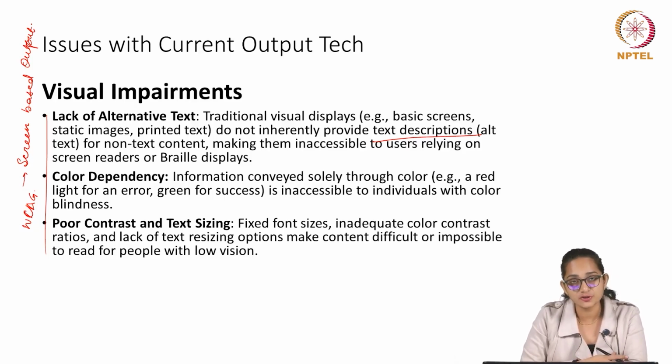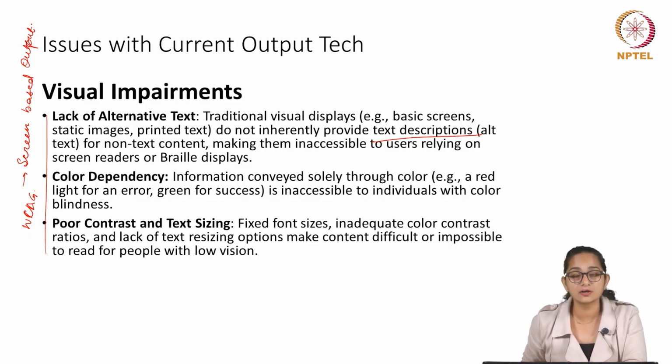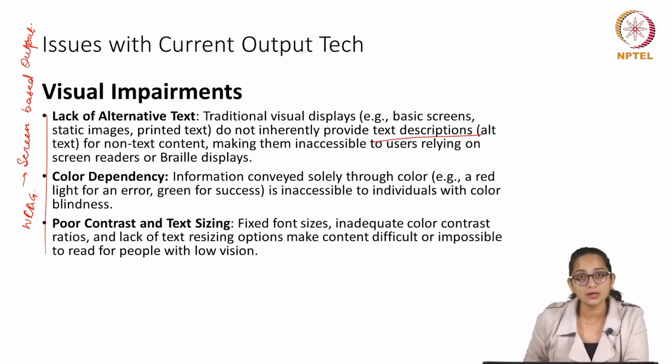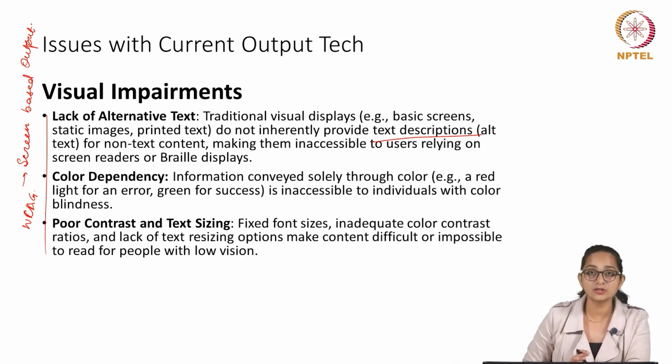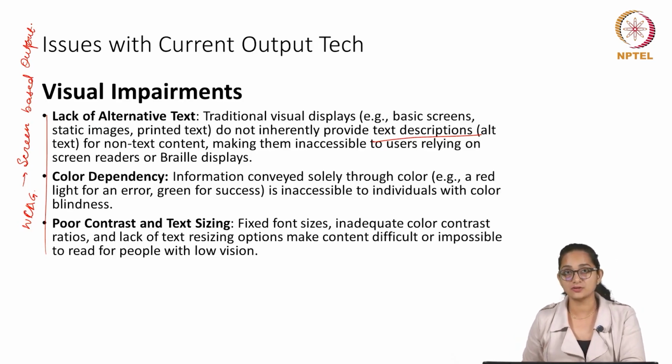There are multiple sessions on WCAG guidelines. There are several sessions on the visual design aspect of accessibility. You can go back to those sessions to learn a little bit more. Here we are talking about output technologies and their limitations from the perspective of different kinds of users and different kinds of needs.